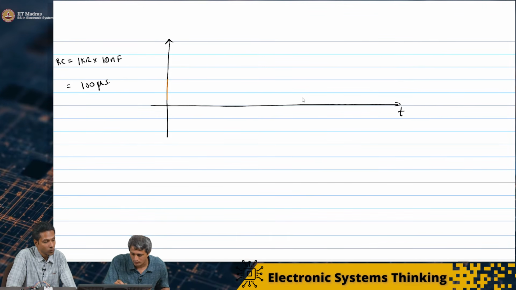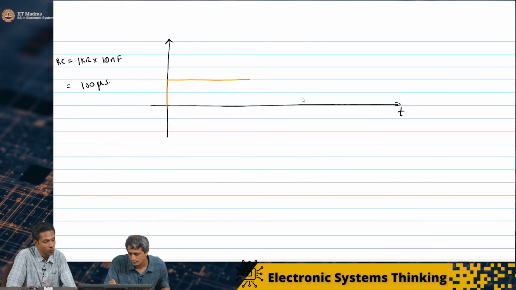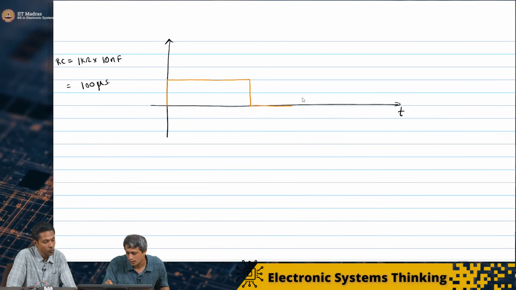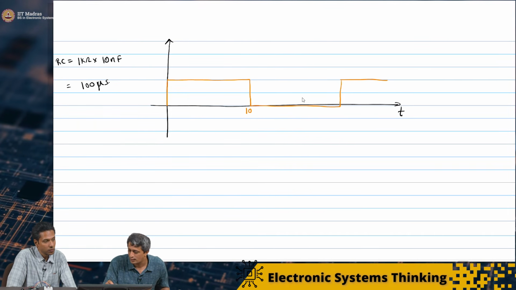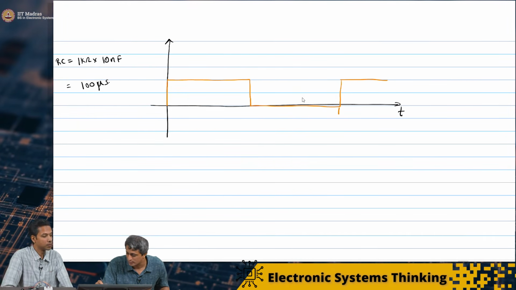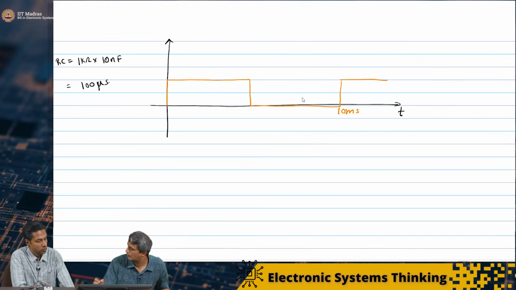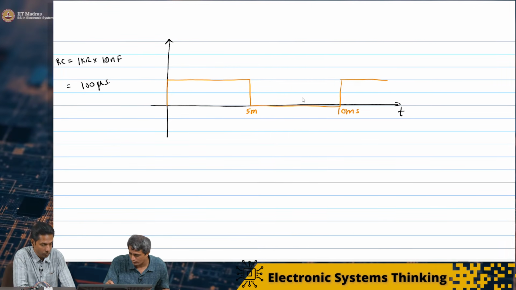We said this 100 hertz. What was 100 hertz? It was 10 milliseconds. And this was therefore 5 milliseconds.